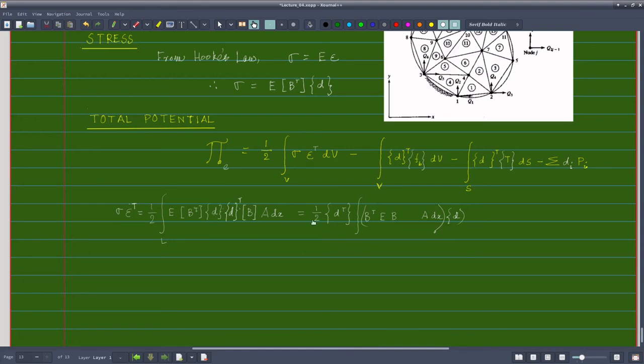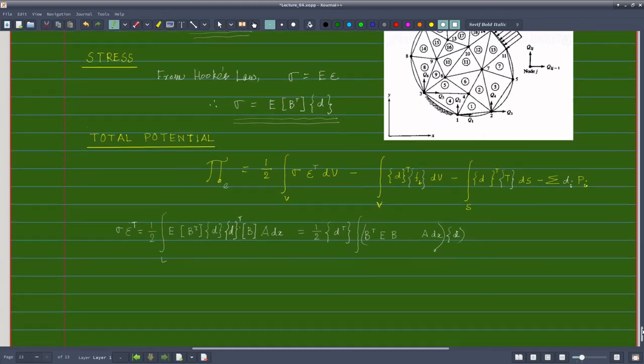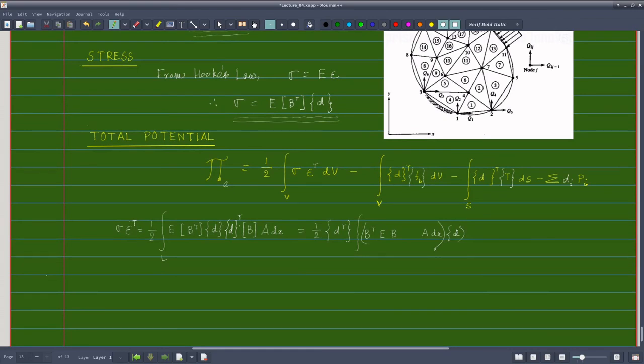Okay, now if I put the value of sigma, this is my value of sigma we have got, and this is my epsilon. Epsilon is B transpose times the nodal displacement vector. Then you know that if I have a matrix product AB, then AB transpose is given by B transpose A transpose.